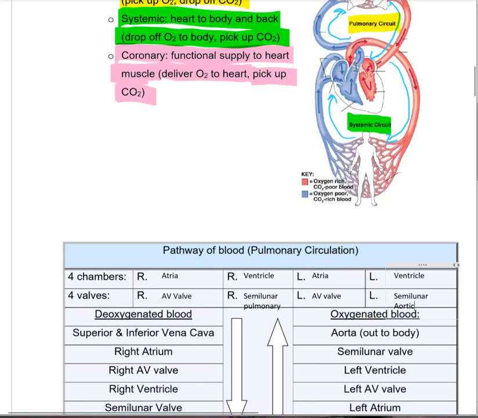So right here is the right semilunar valve, and that semilunar valve is going out the pulmonary trunk and going to the pulmonary circuit. So we call it the pulmonary semilunar valve. And there's a small valve right here, it's a little hard to see, is the left semilunar valve, and it's going to the aorta. This is the aorta here. So we call it the aortic semilunar valve.